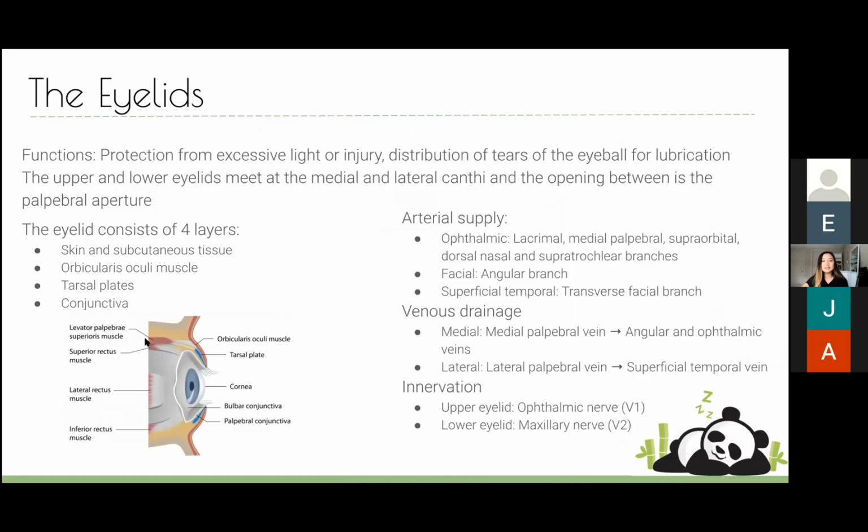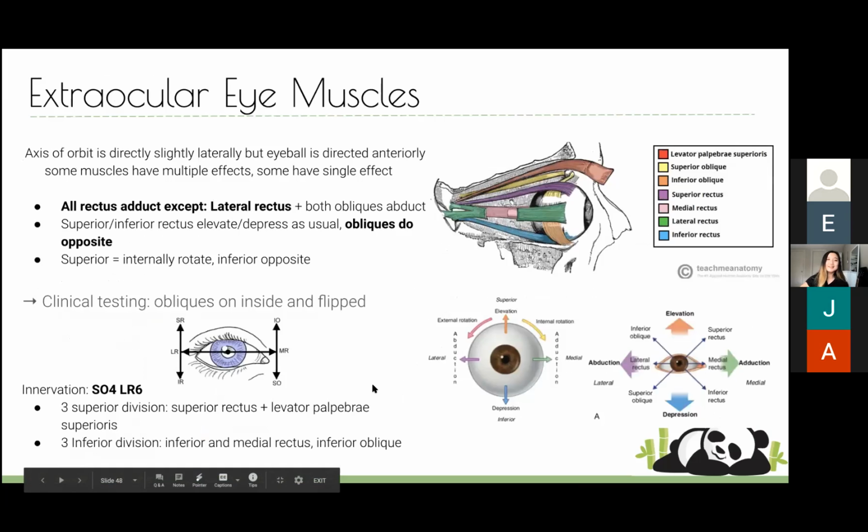You've got 4 layers. Firstly, your skin and subcutaneous tissue, then your orbicularis oculi muscle, which is the one that goes around the whole eye. Then you've got your tarsal plates, and then your conjunctiva, which forms a layer. These are the arterial and venous drainage and the innervations.